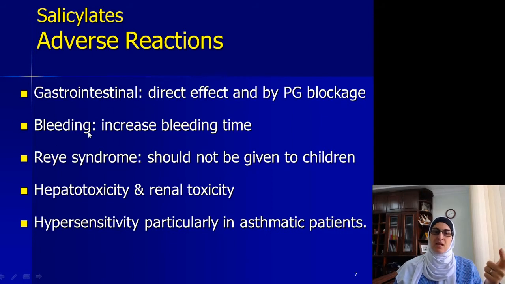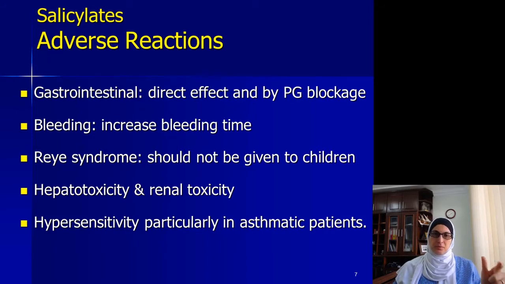Bleeding, as we stated, could be beneficial if you want to reduce clotting effects in the general circulation, but it might be a problem if, for example, after surgery you don't want to prescribe high doses of aspirin that will enhance bleeding at the site of surgery.